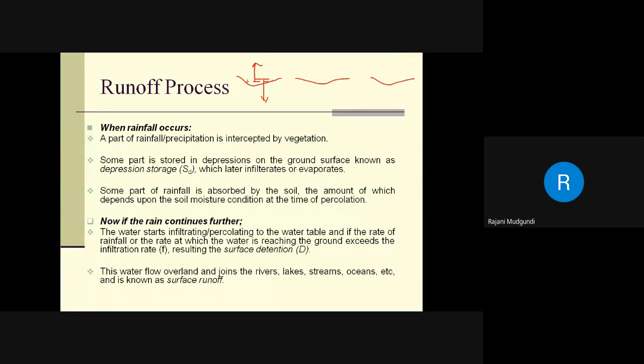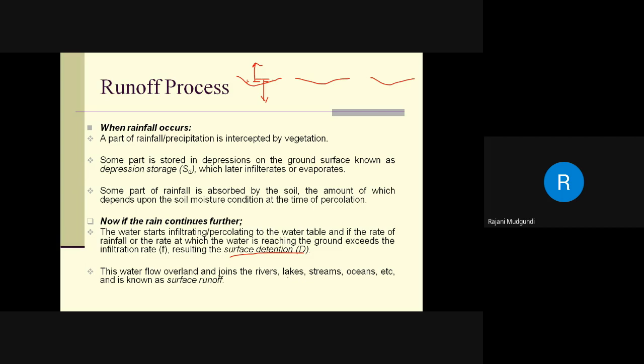So when the rainfall intensity, or the rate at which the rain is falling, exceeds the infiltration capacity of soil, then only the water will be stored in the depressions, and surface detention will occur. Some part of water will be available as storage in the detentions.